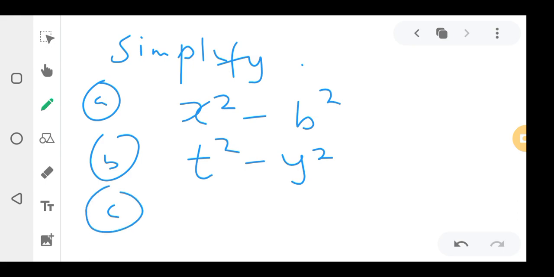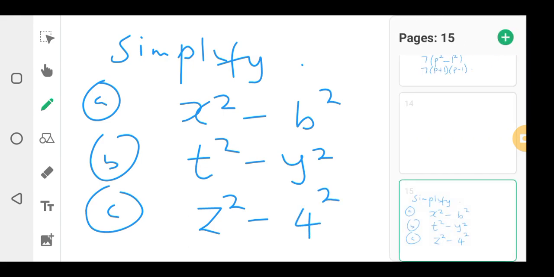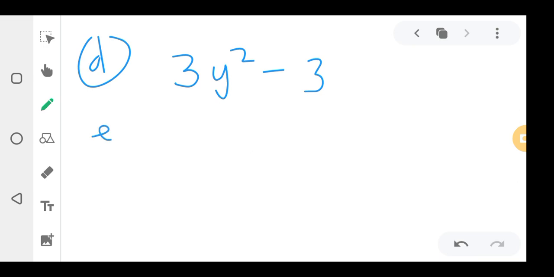Question C: z squared minus 4 squared. Question D: 3 squared minus 3. Question E: 9 squared minus 9.